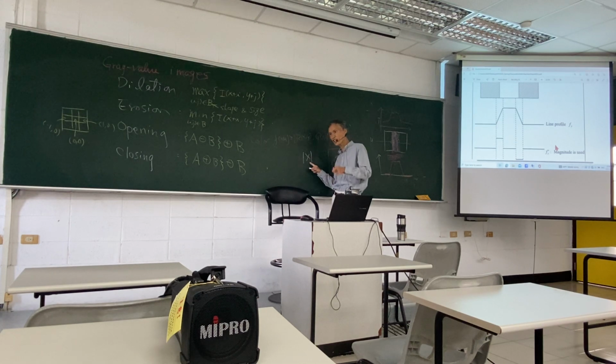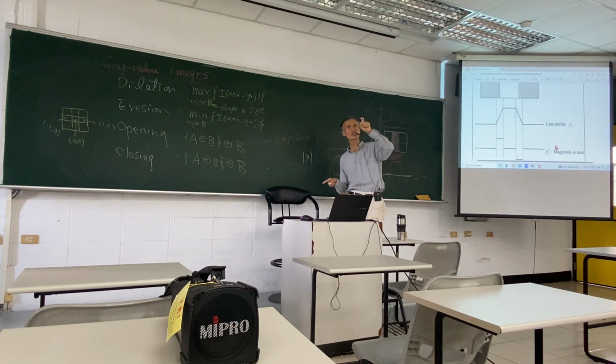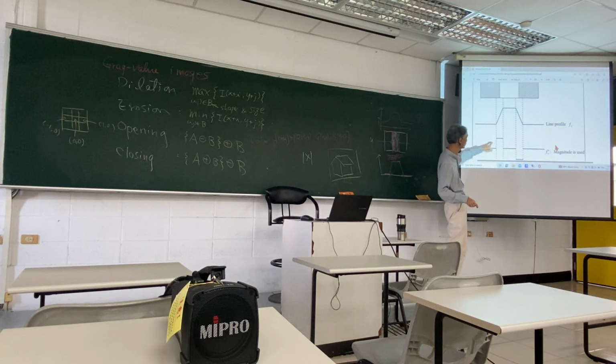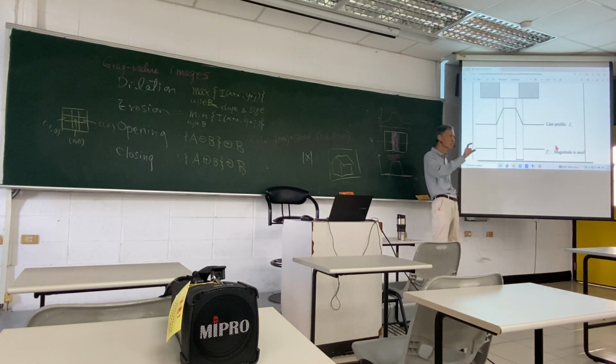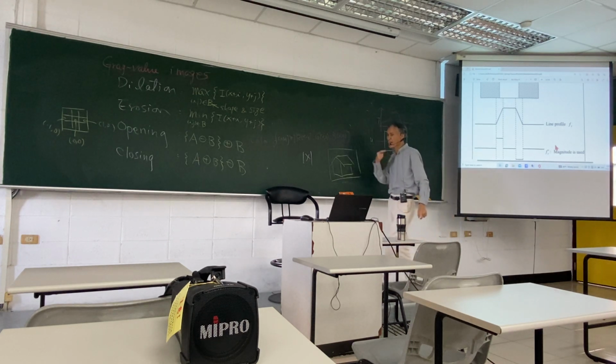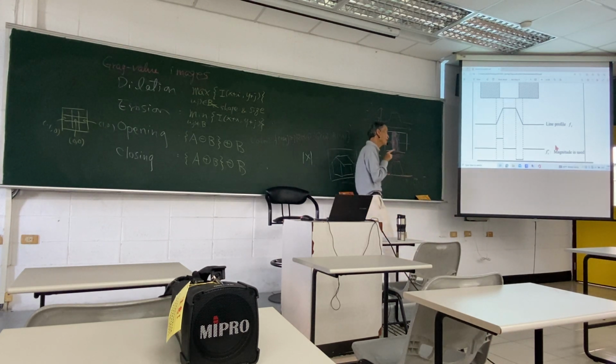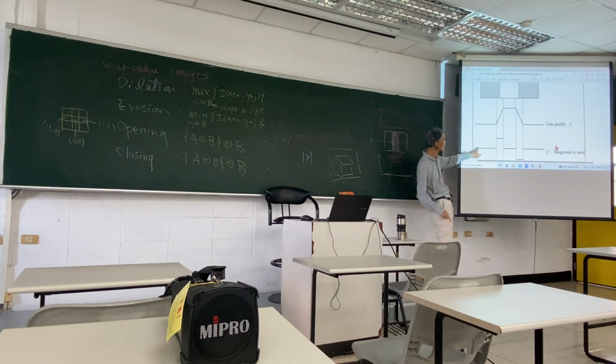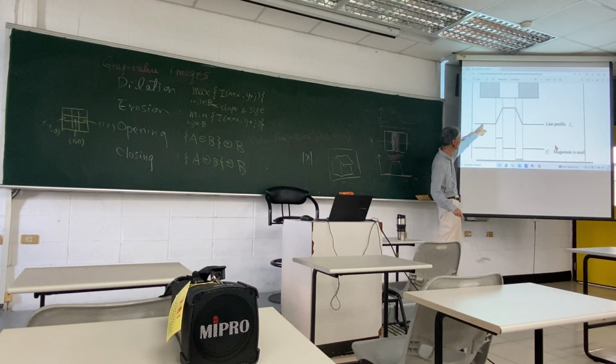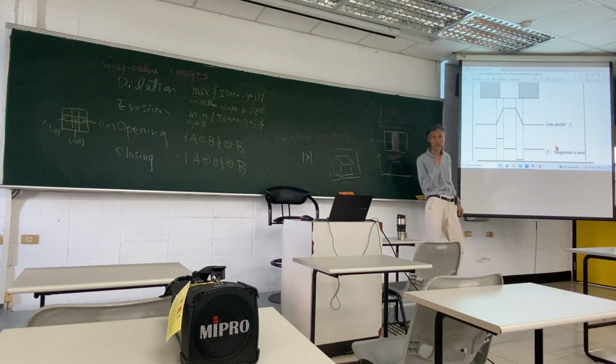We care only about its magnitude, whether this magnitude is large enough. Then we have good evidence that this point has to be an edge. All others will have a magnitude very close to 0.